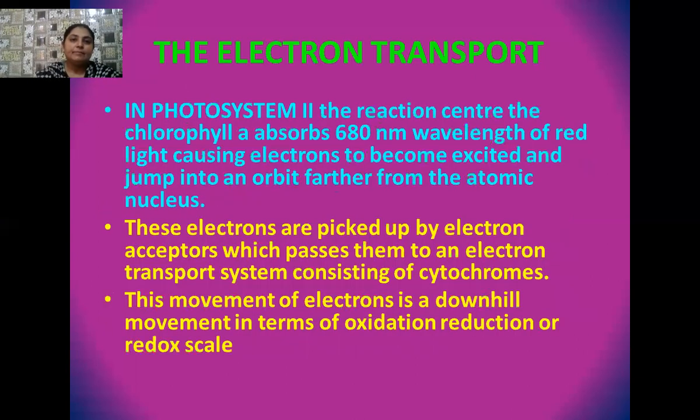Now I am going to discuss the transport of electrons through a very special process known as the electron transport chain. As you know, there are two photosystems: one is P700, which is photosystem 1, and the other is P680, which is photosystem 2.